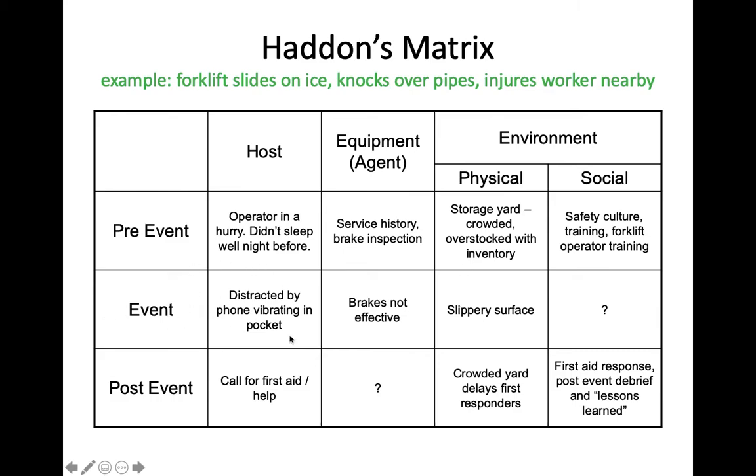At the event time itself, was the worker distracted, perhaps by a phone in his pocket? We could think of other theories here. These are just examples off the top of my head. Were the brakes not effective, or other service things with the forklift itself?